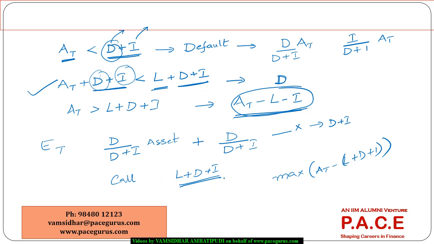So we can very well use a Black-Scholes kind of formula to value this kind of option. In this case, I know that the value of the equity E_t follows the same logic. The current value of the asset times N(d1), minus the strike price L plus D plus I times e to the power of minus r(T minus t) times N(d2).